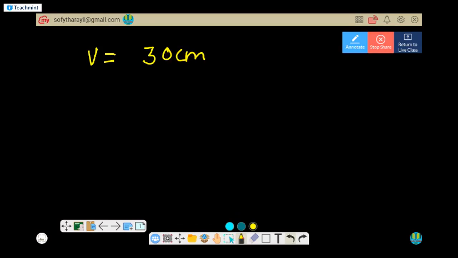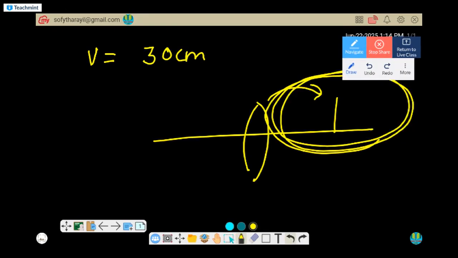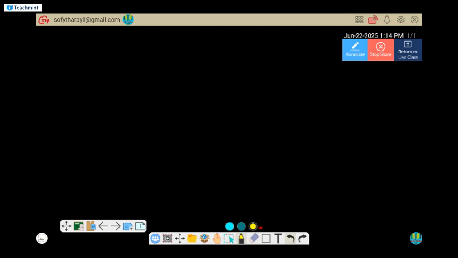Correct. Anytime you have things on the right side of the lens, you will always take that as positive. So it will be taken as positive 30 centimeter.